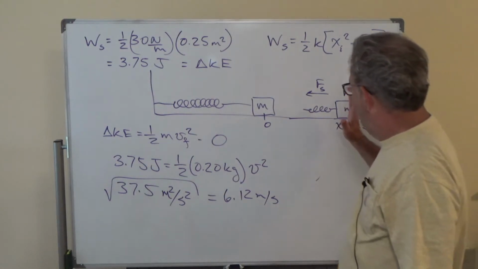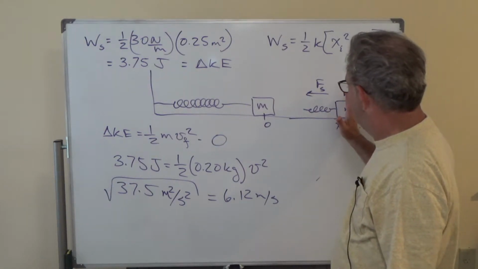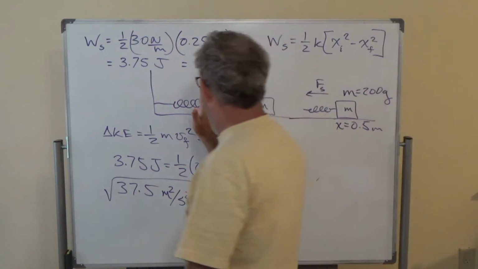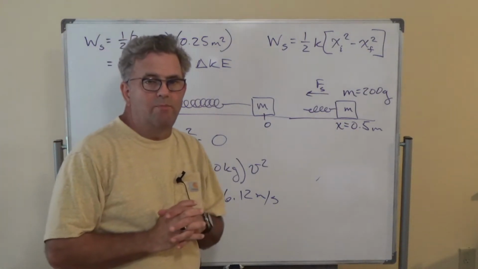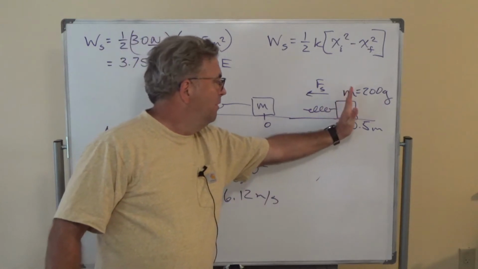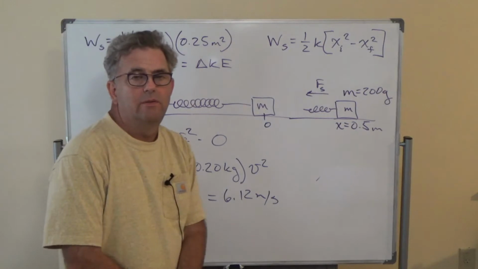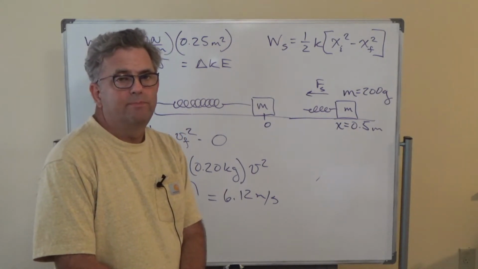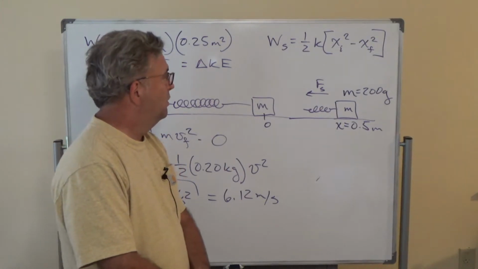What would happen if some external agent moves the mass from 0.5 to negative 0.5? How much work is done by the spring on the mass, moving from 0.5 to negative 0.5? 0, right?